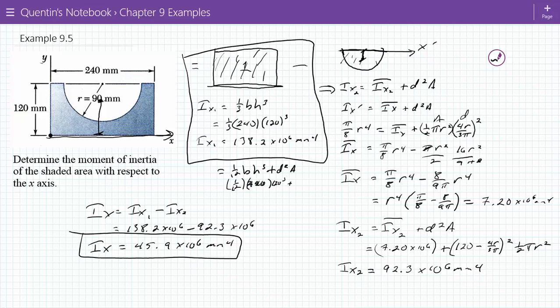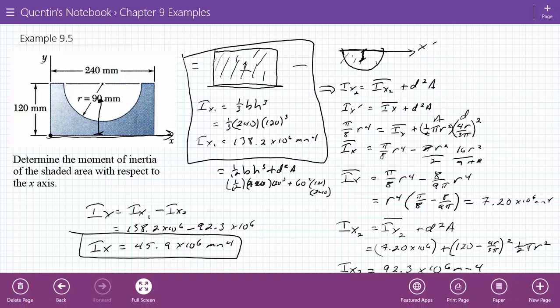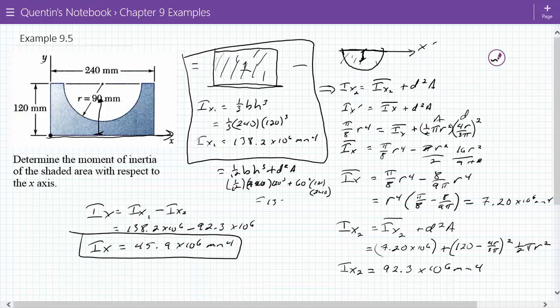But now we are moving it, and we're moving it a distance of 60. So it's going to be 60 squared times 120 times 240. And you'll see that it's the same number as the 138.2.